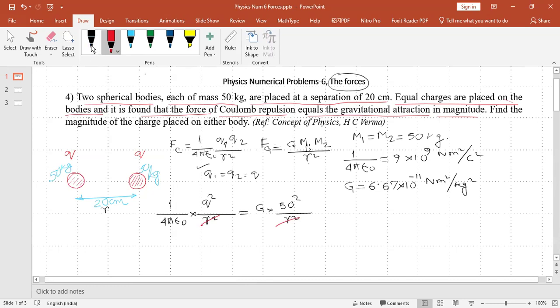So what we are left with is Q square equal to G, 6.67 into 10 to the power minus 11 multiplied by 50 square, multiplied by 4 pi epsilon 0.